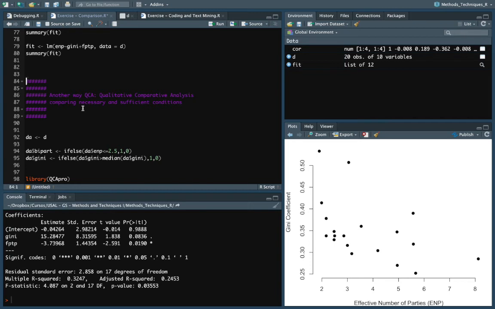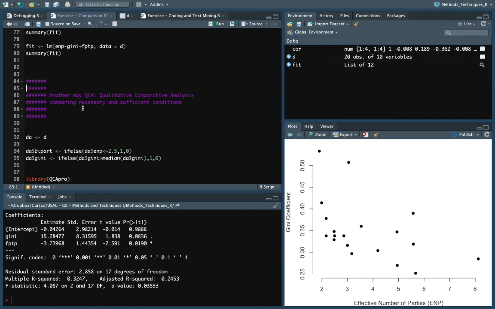So what we will test here is whether Gini, the type of electoral system, and whether the country is or is not Anglo-Saxon are necessary or sufficient conditions for producing bipartisanism.